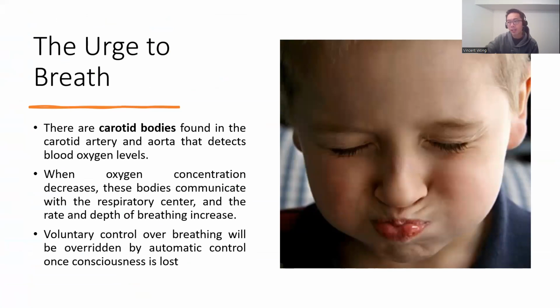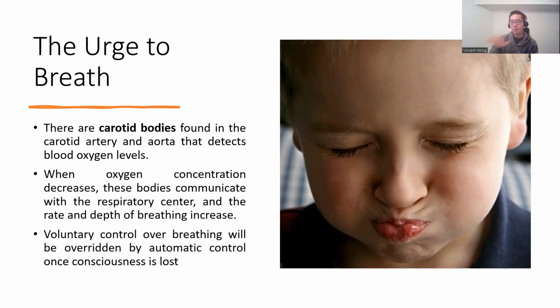So there are these things called the carotid bodies, which are found in the carotid arteries. Okay, you remember the carotid arteries from the first class, right? These take oxygen to the brain, and the carotid arteries contain these carotid bodies, and they are sensitive to oxygen concentration.